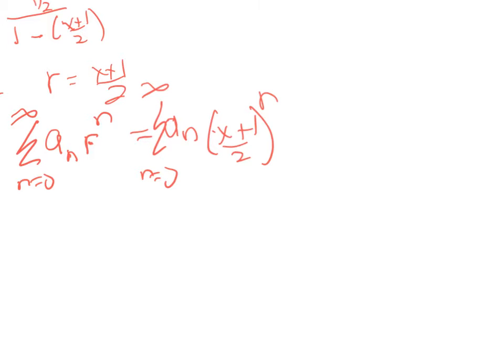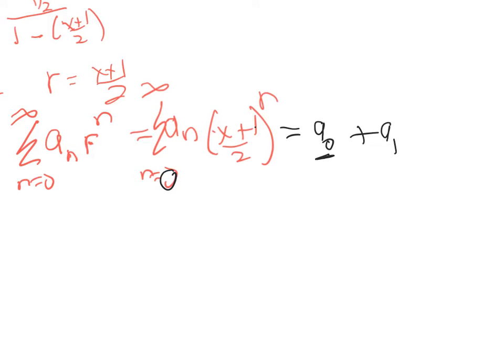And it'll look like this if I want to let n be 0. Well, that gives me a sub 0, x plus 1 over 2 to the 0 power, all goes to 1. It's just a sub 0, plus n is 1.